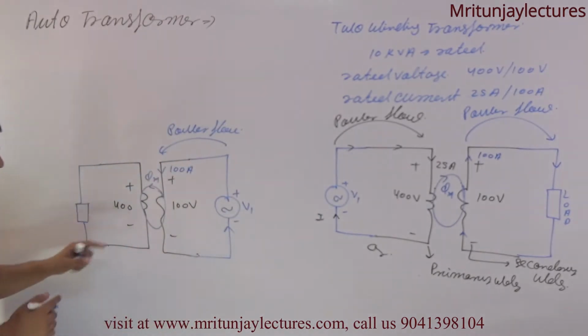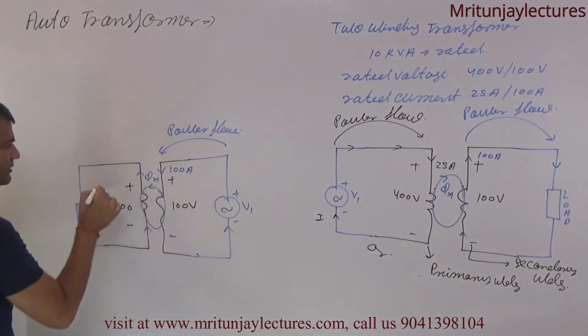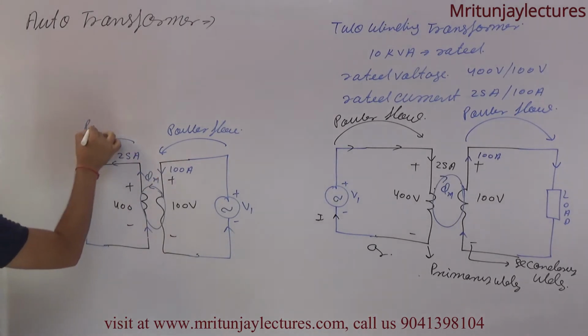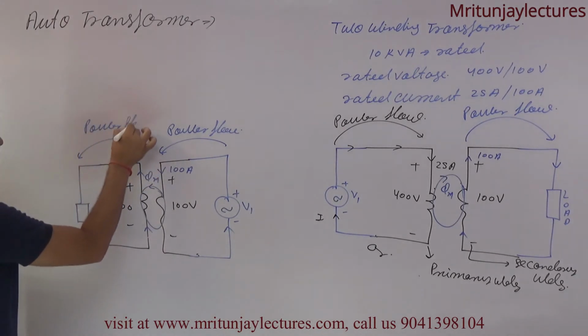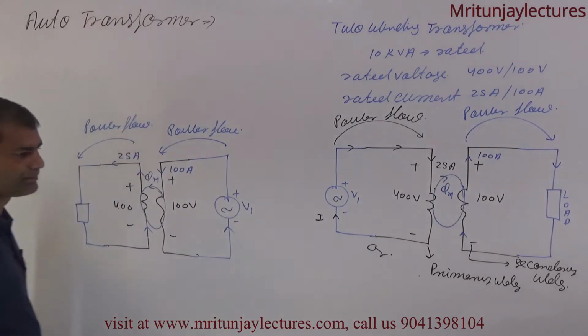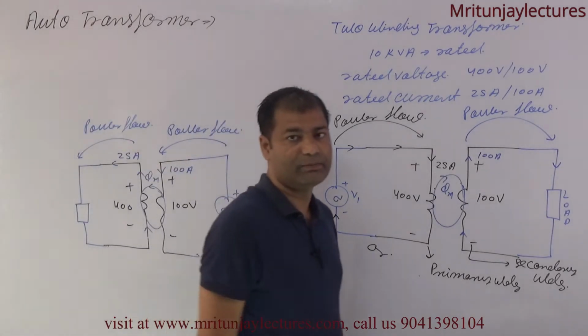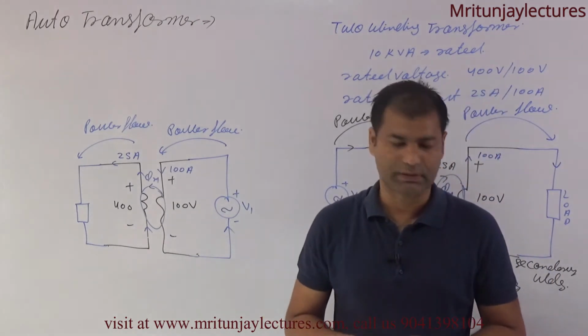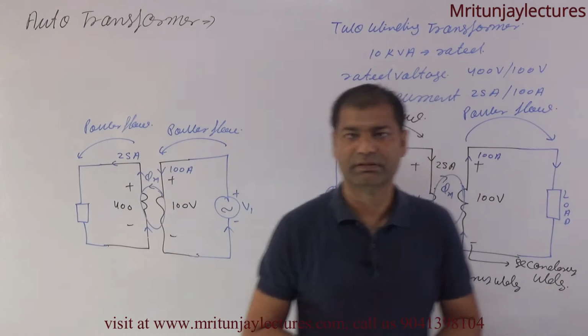So direction of current is negative to positive, that is 25 ampere, and power flow like this one. Clear? These two concepts are very important for connection of auto transformer. That's why it is discussed.